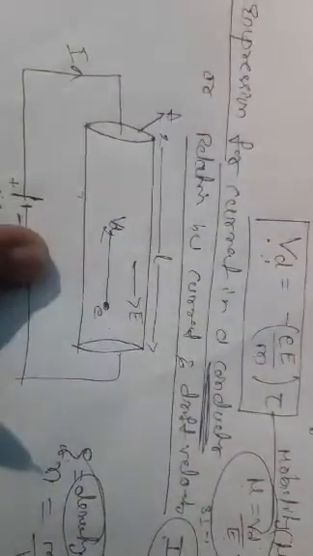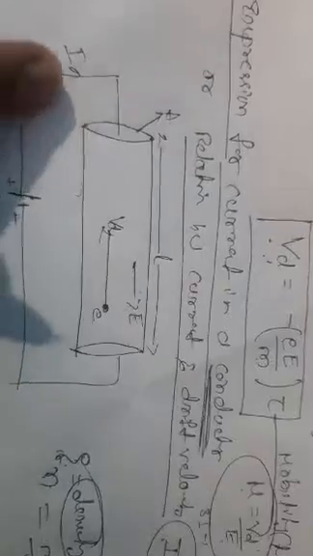In the previous expression, we had the current in a conductor. In this diagram, the current is flowing through the conductor.